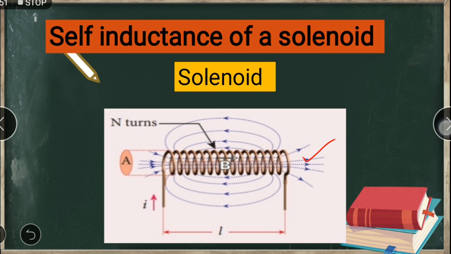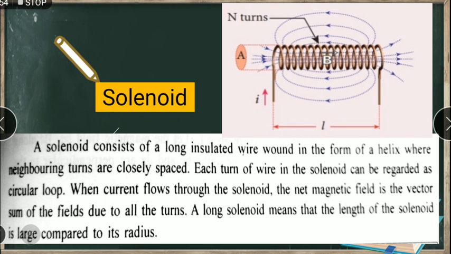The term solenoid consists of a long insulated wire wound in the form of a helix like your spring, where neighboring turns are closely spaced. Each turn of the wire in a solenoid can be regarded as a circular loop. When current flows through the solenoid, the net magnetic field is the vector sum of the field due to all the turns.